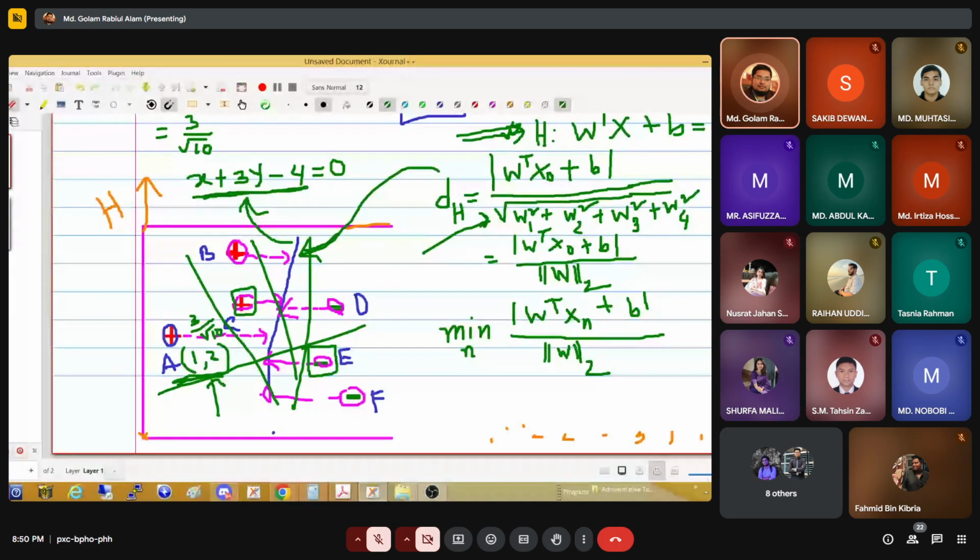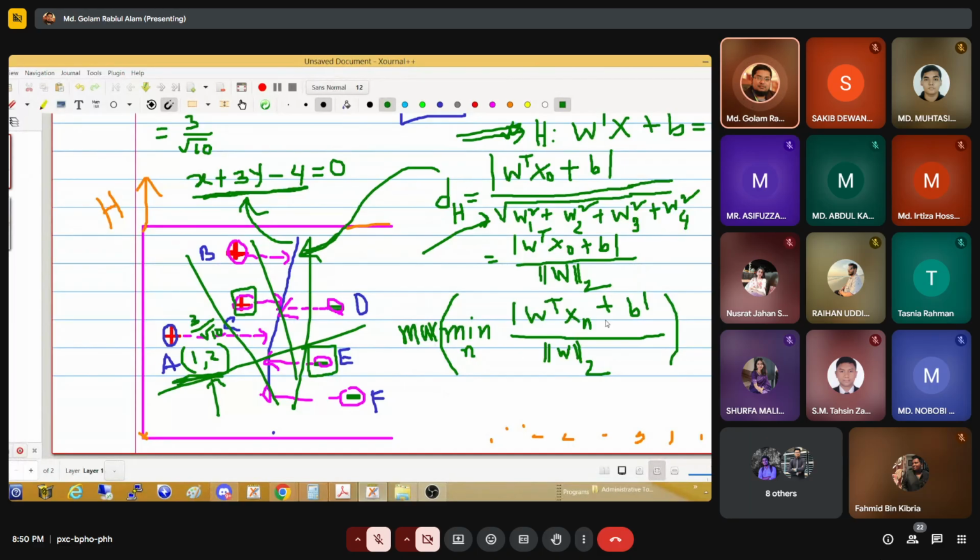So this is the minimization, but we have to think about the maximization also.